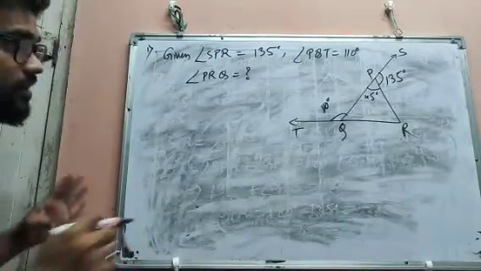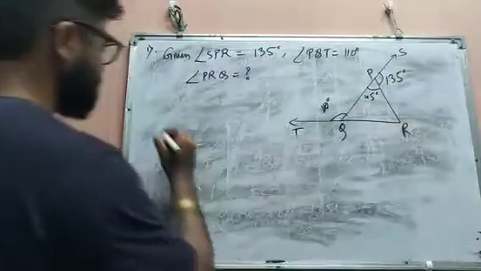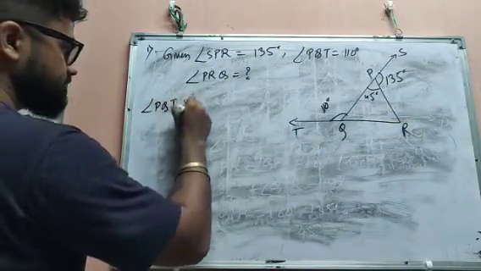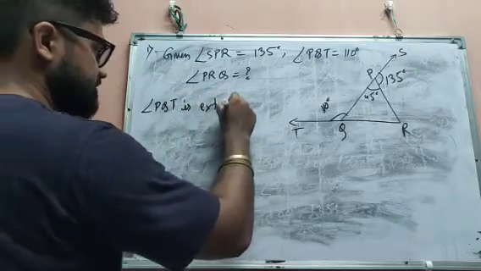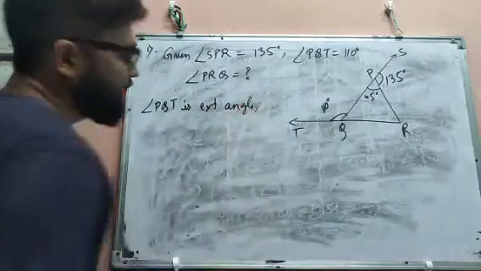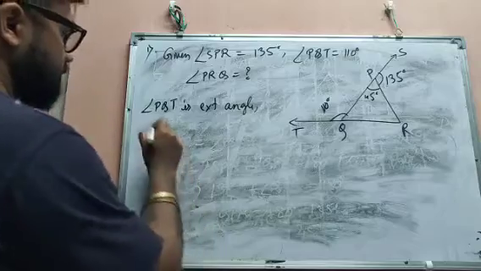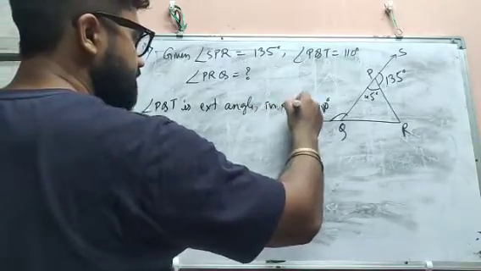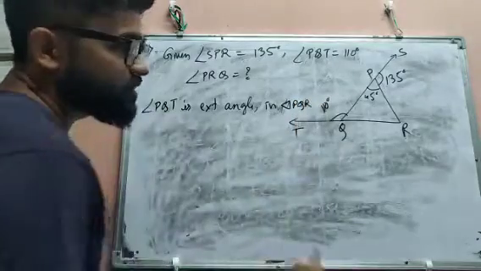see, now consider this triangle PQR. So angle PQT is the exterior angle. This is the exterior angle. Okay, so in triangle PQR, PQT is the exterior angle.